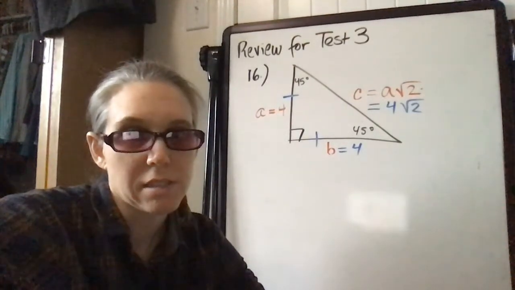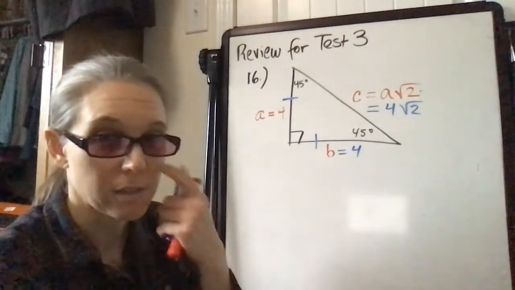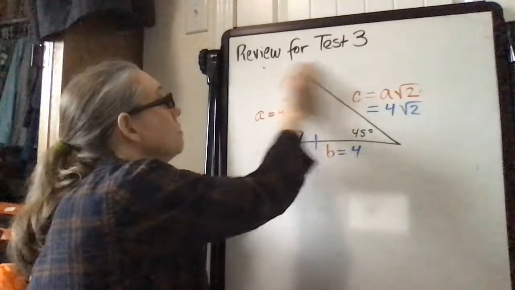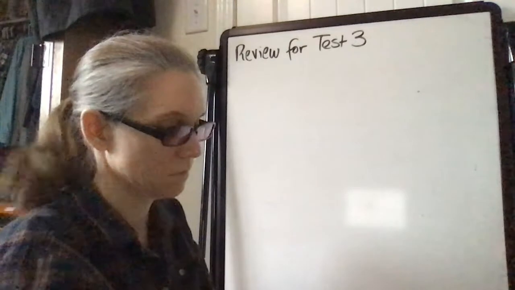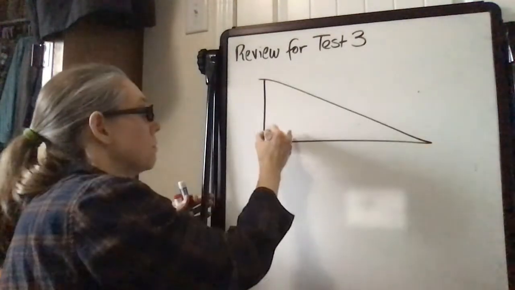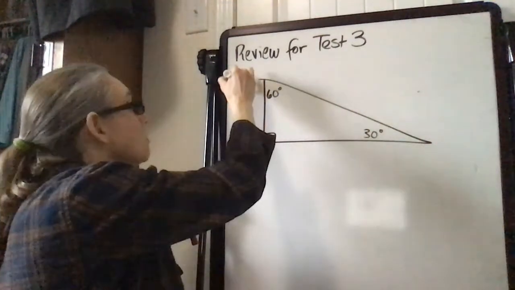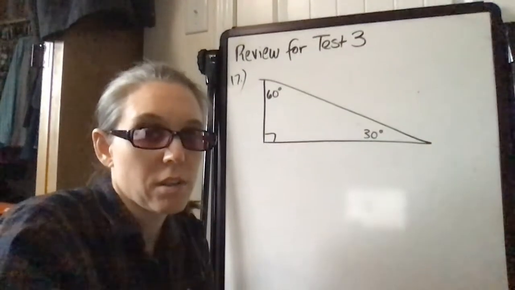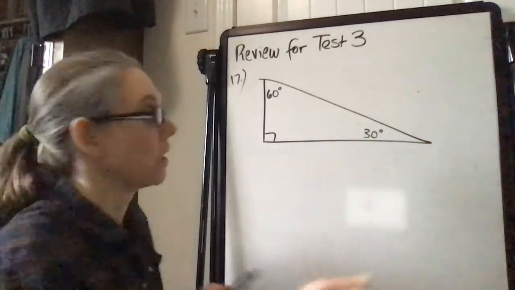Number 17 is similar in that we are dealing with right triangles again, but this time in number 17 you have a 30, 60, 90 triangle. And you are given the value for B, which is the medium leg.